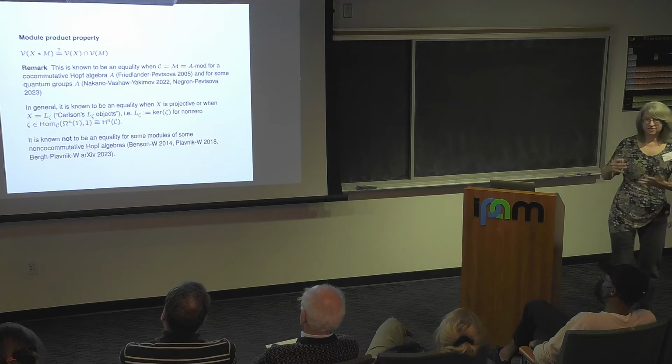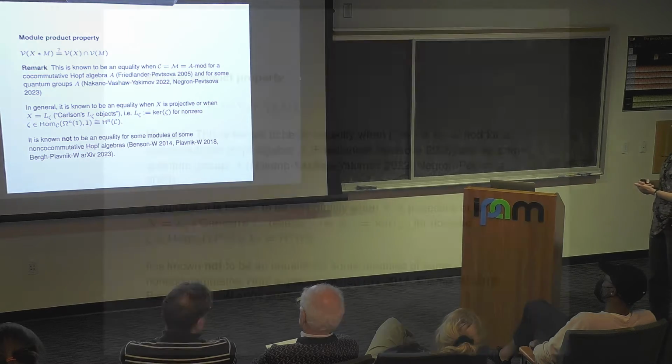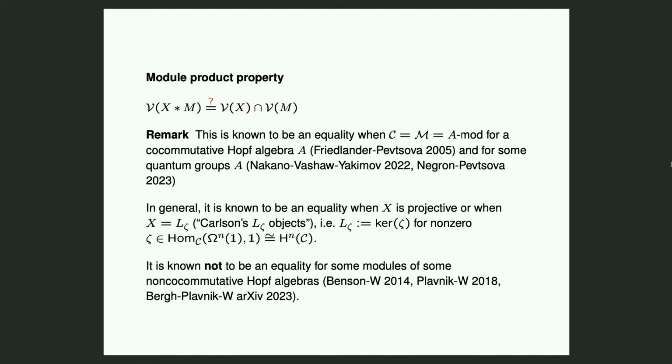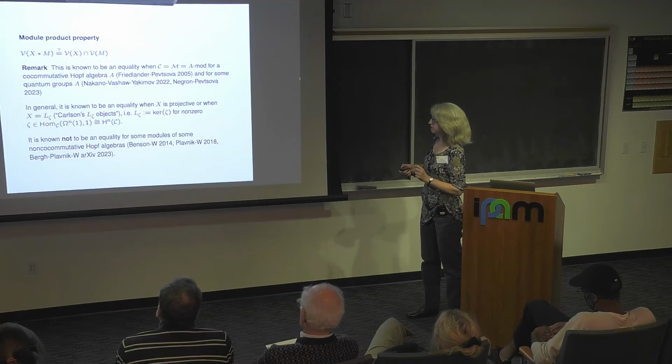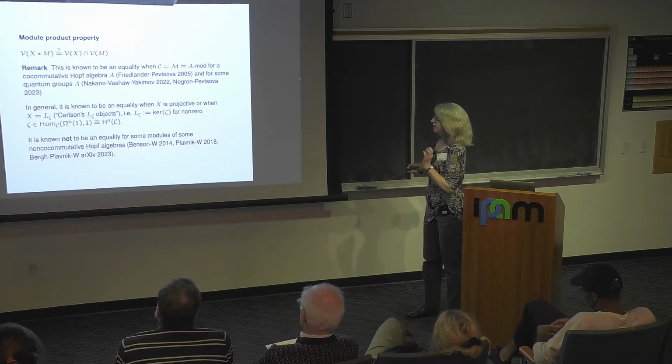It's a hypersurface, zeta equals 0. And they have this tensor product property, so you can tensor them together and then get any variety you choose to realize in the larger variety of the unit object. So these are very useful objects.